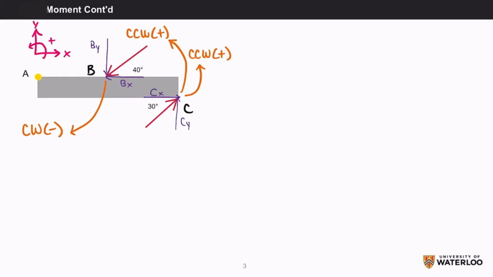For an example, let's call the horizontal distance from A to B 4, the horizontal distance from A to C 8, and the vertical distance from A to C 2. Using the first method with the x and y components would look like this.